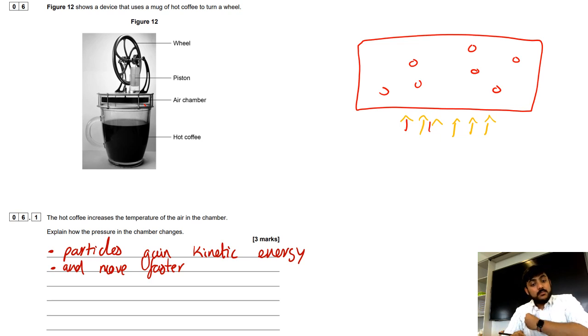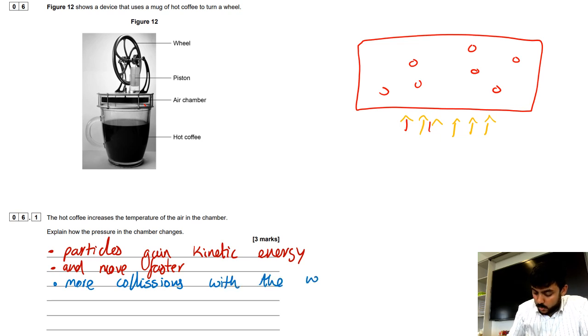And because they move faster, they collide more with the walls of the container. So that's the second marking point. More collisions with the walls of the chamber, or more frequent collisions with the walls of the chamber, which means more pressure.